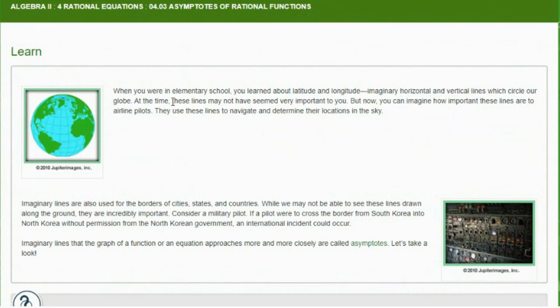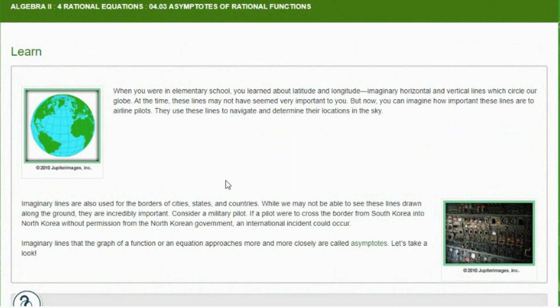They may not have seemed important to you when you learned them in elementary school because you probably didn't even really understand what you were learning. But now you can imagine how important these lines are to airline pilots. They are used to navigate and determine their locations in the sky. We have imaginary lines we use for a lot of things, actually. The borders of a city or a state.